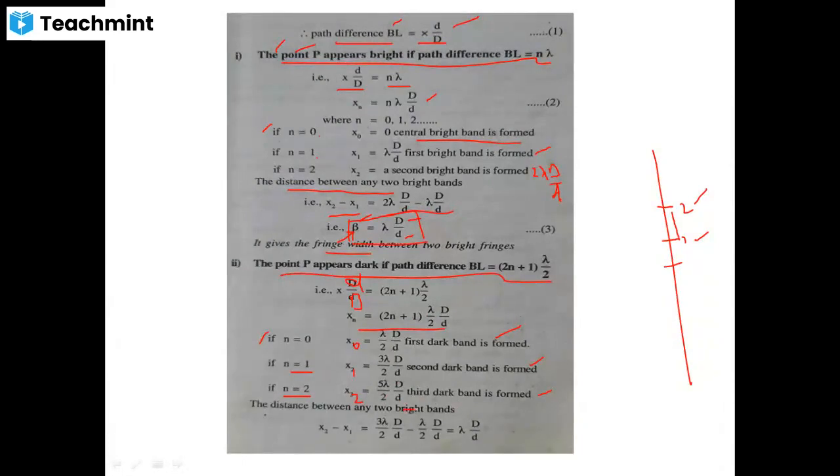Then we take the distance between any two dark bands, for example x1 minus x0. What is x1? 3 lambda by 2 into capital D by small d, minus x0, which is lambda by 2 into capital D by small d.